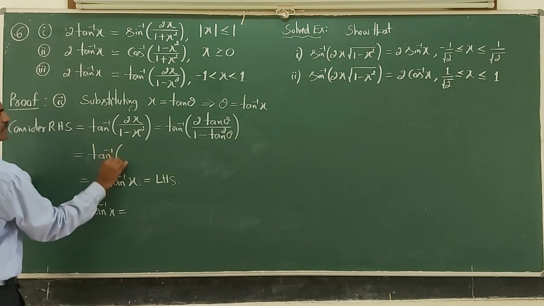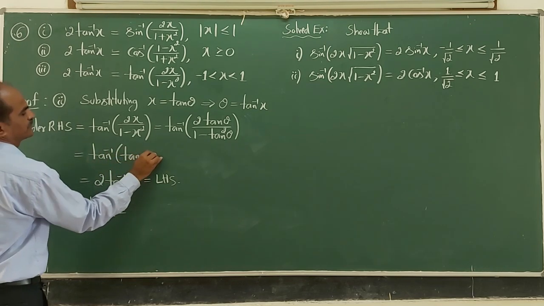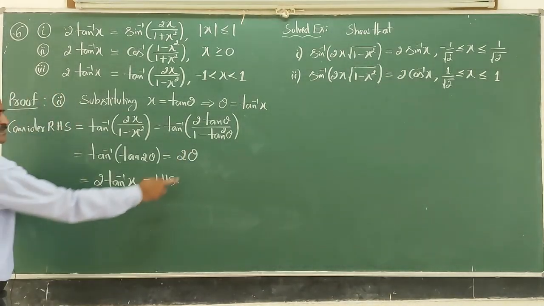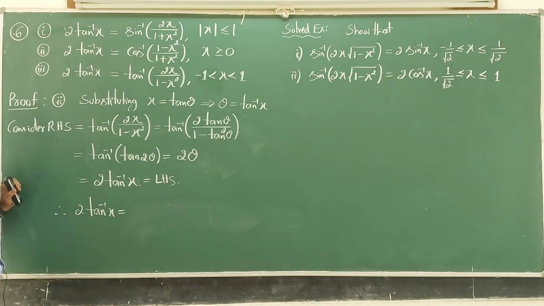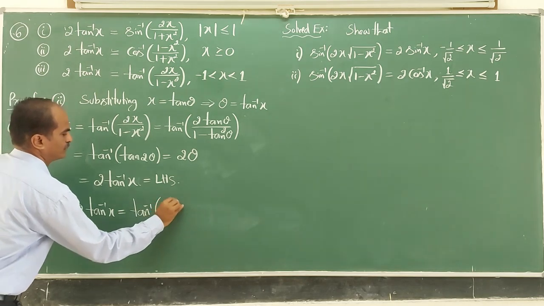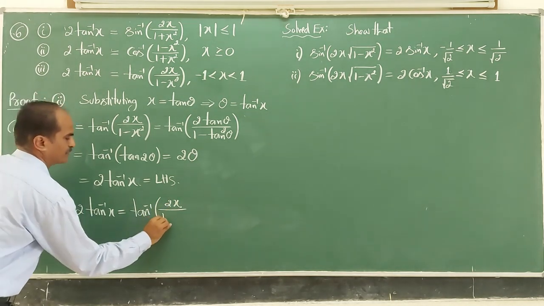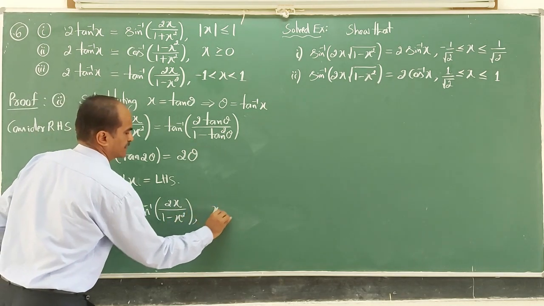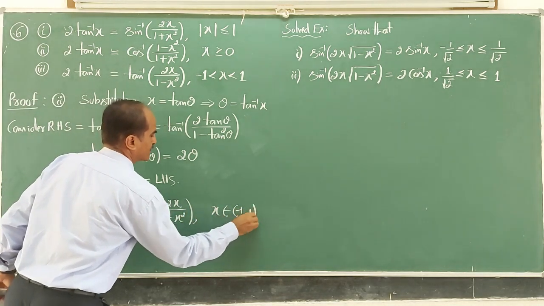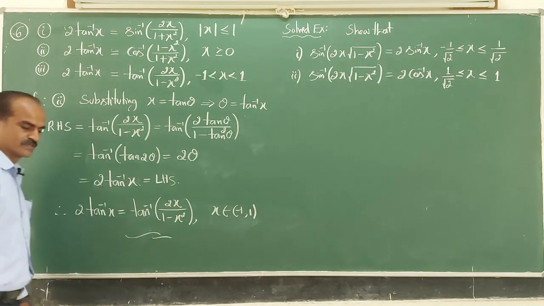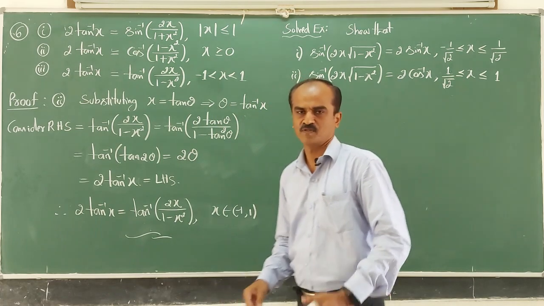So it is tan inverse of tan 2 theta, equal to 2 theta. Resubstituting theta, we get 2 tan inverse x. Therefore, 2 tan inverse x is tan inverse of 2x divided by 1 minus x square whenever x belongs to the open interval minus 1, 1. I hope you followed this proof of the properties.